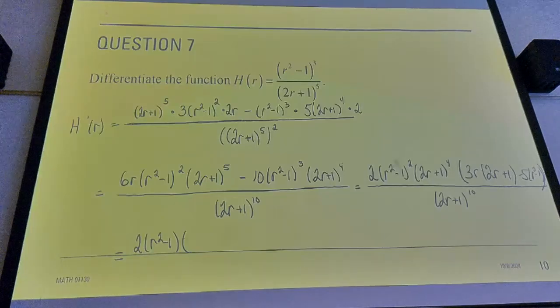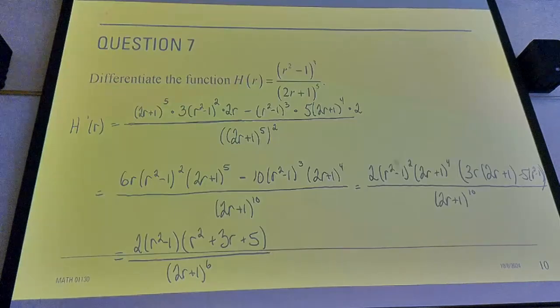6r squared minus 5r squared is r squared. Plus 3r then minus 5. Not minus 5, plus 5. Over 2r plus 1 to the 6th.